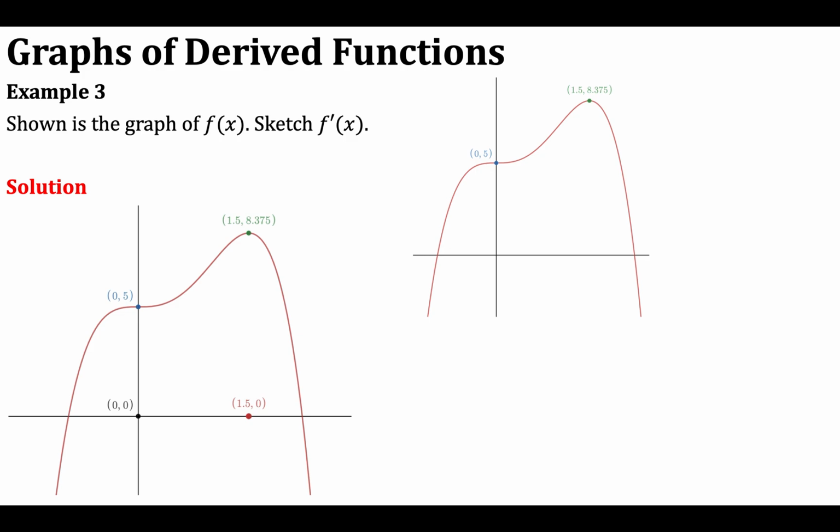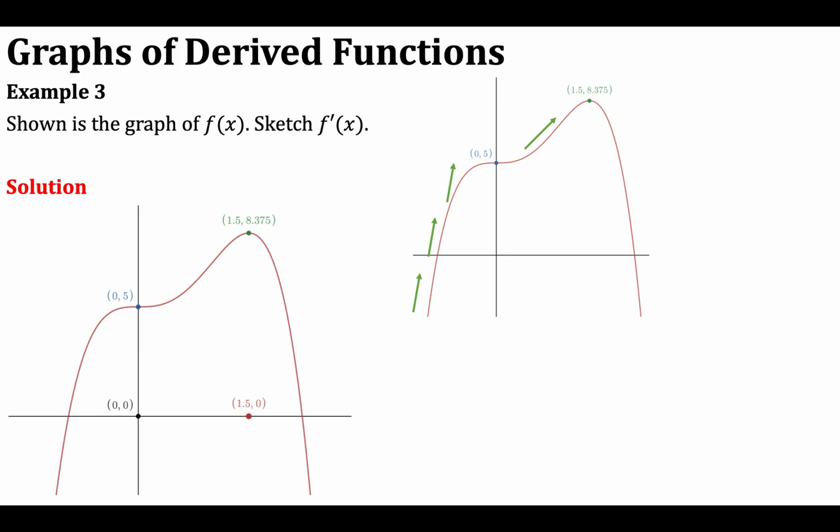But what we should also notice is that the point of inflection (0, 5) becomes a root, yes, but it also becomes a turning point. So we need to be aware of that when we go to sketch the graph of the derivative. Now, examining the behaviour up to the point of inflection, the graph is increasing, but you'll notice it's still increasing after (0, 5) as well, which means that the gradient is positive all the way up to the second stationary point.